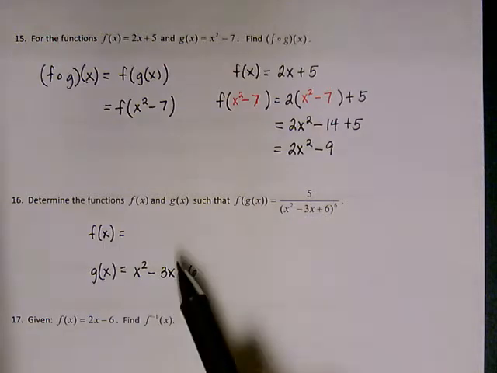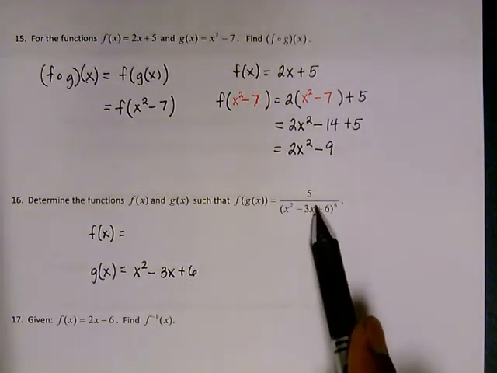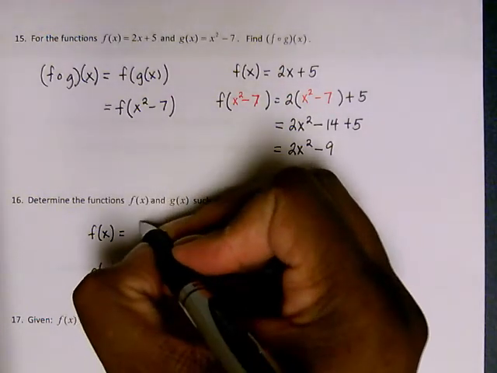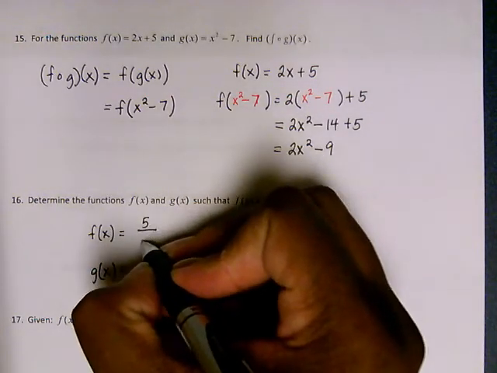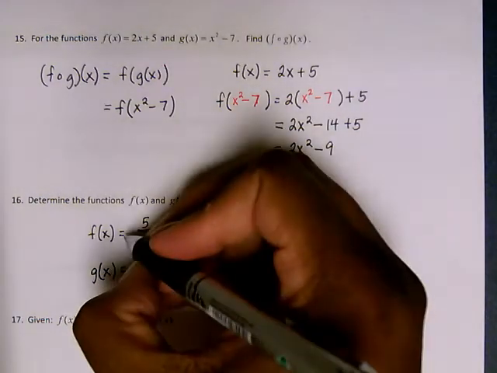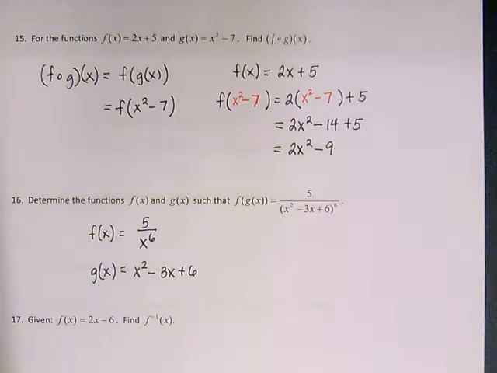And then this was put in place of the x here. So f of x had to start off as 5 over x to the 6th. So that's what f of x started off as, 5 over x to the 6th, and g of x is your x squared minus 3x plus 6.